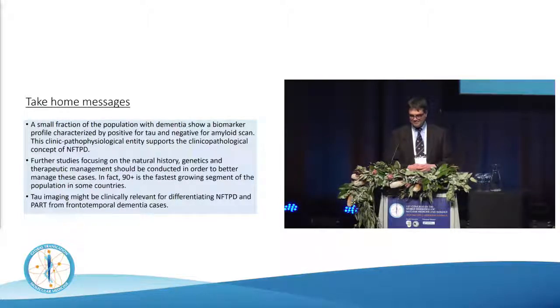And we are thinking perhaps that there is another cause of dementia, which is not necessarily Alzheimer's disease the way you're conceptualizing it today. I think it's an interesting case to share with you and to hear what you think about that. Thank you so much.